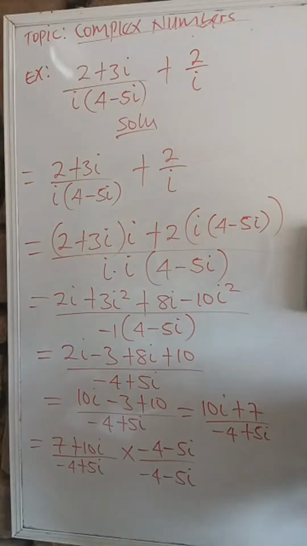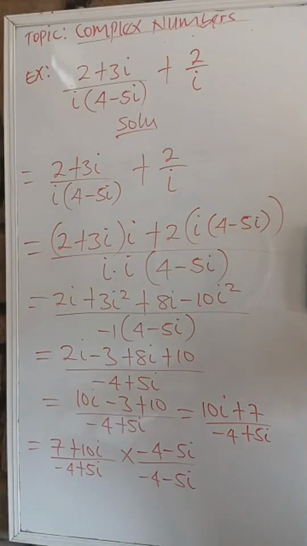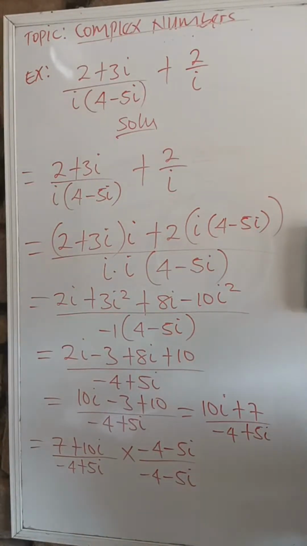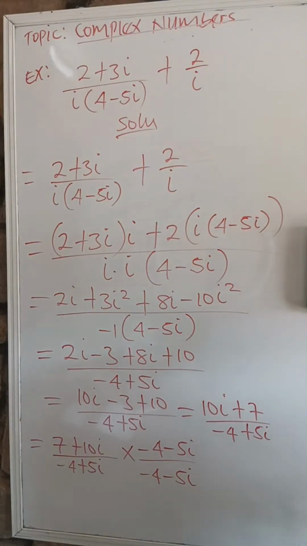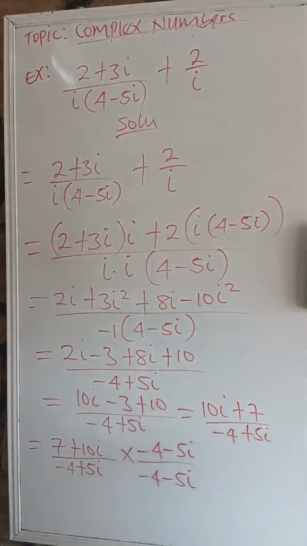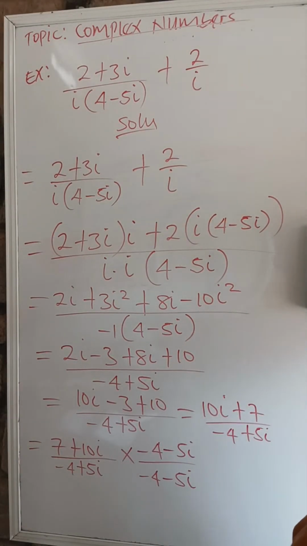Let us proceed further. It means this is what we have: 7 plus 10i all over minus 4 plus 5i times minus 4 minus 5i all over minus 4 minus 5i.